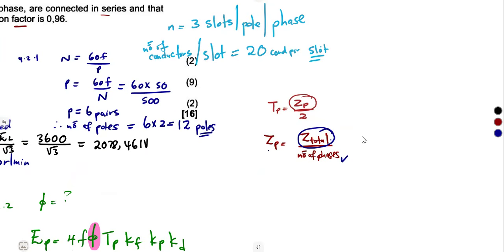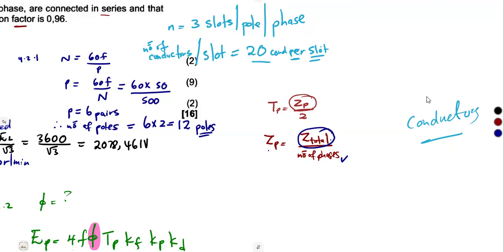Look for a statement that consists of conductors inside. It is there: we are talking of the number of conductors per slot. There are 20 conductors per slot.